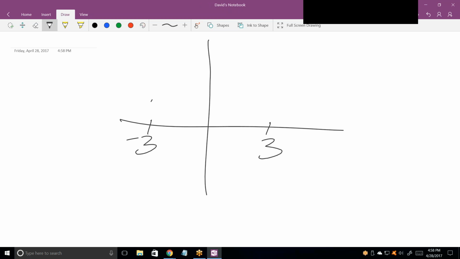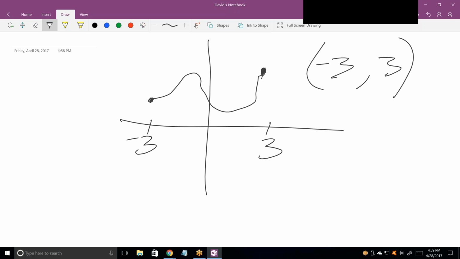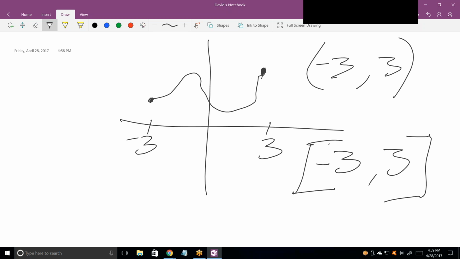Yeah, I mean, you mean if you had a graph that was like this. Right. The domain. But if the -3 was not a filled-in circle, it would be an open circle. Yeah. In other words, the way I have drawn it, it's bracket -3 to bracket 3.